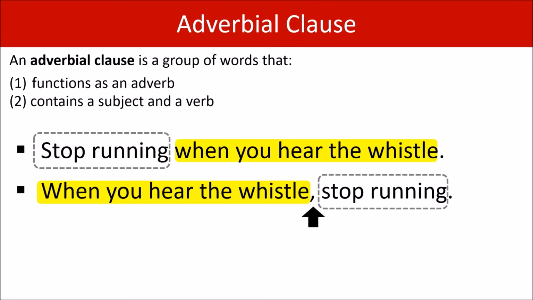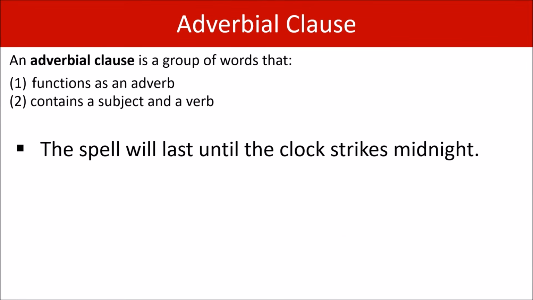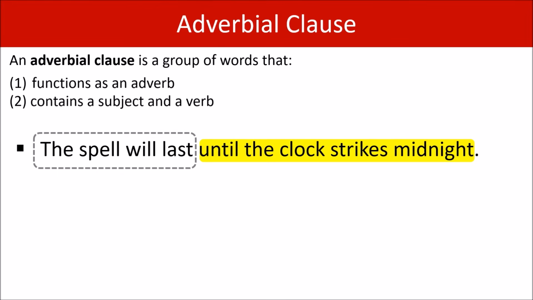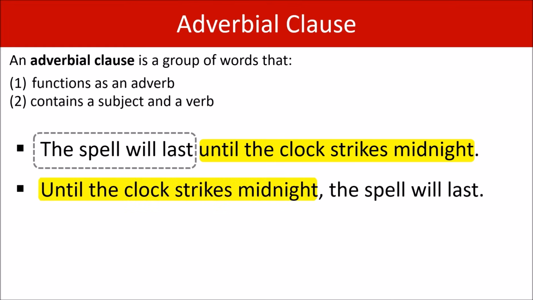Let's do another example. The spell will last until the clock strikes midnight. Well, there is our adverbial clause. There is our main clause. Let's switch them around. Until the clock strikes midnight, the spell will last. And there is our main clause at the end. And once again, because we've started with the adverbial clause, we've offset it with a comma. I also want to cover this point.